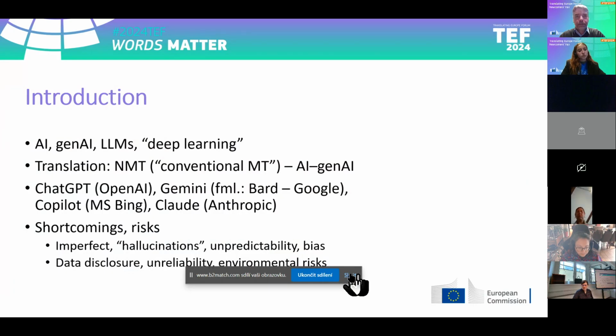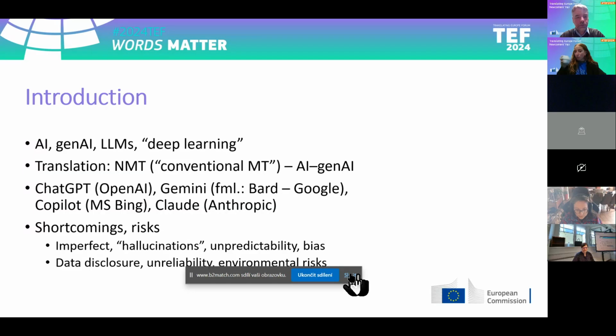What's AI? Artificial intelligence is what we refer to as generative AI, more precisely, is a system that is fed with data, and generative means that it generates words. It works with language. It's based on language models.